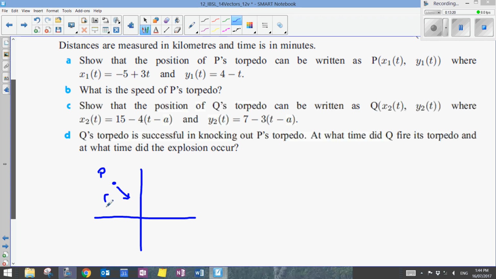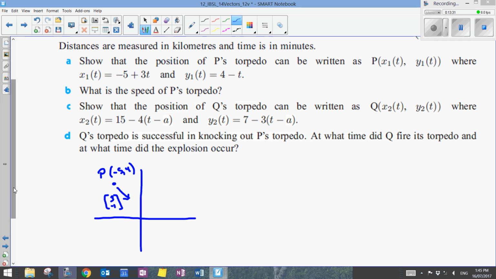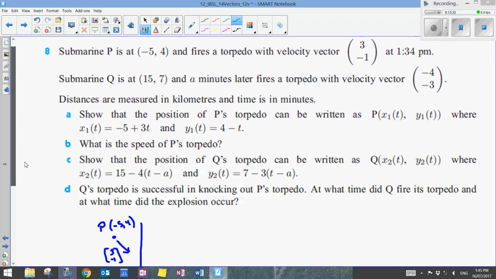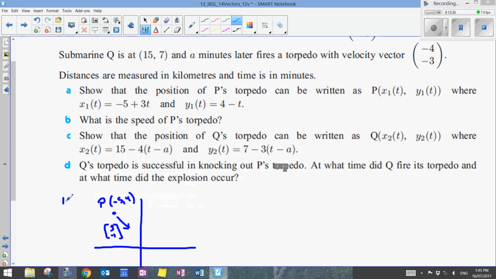I'll put my 3, negative 1, that's my velocity vector, and I'm sitting at the point negative 5, 4, and this is all happening at 1:34 p.m. So I'm just going to put this off to the side so I have everything that I need in my visual here.